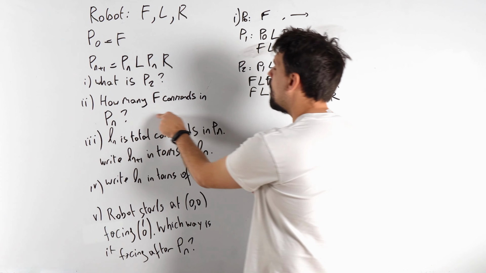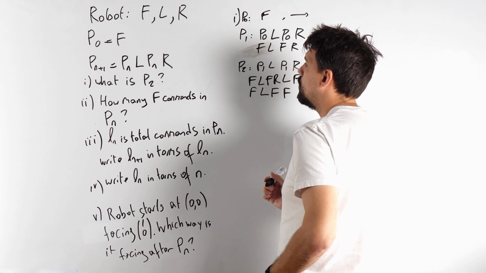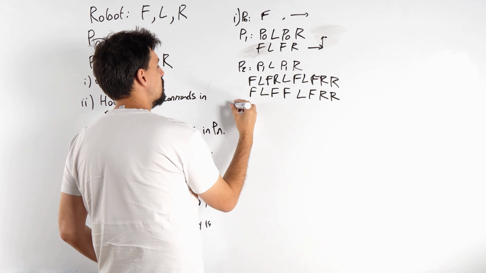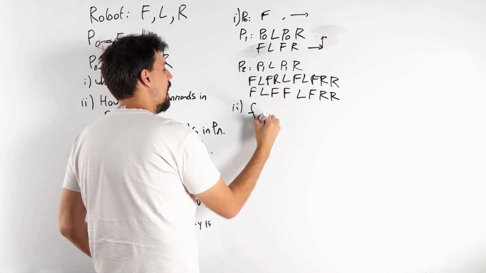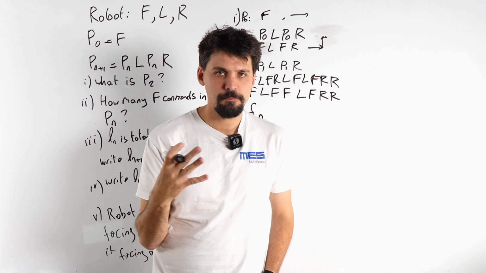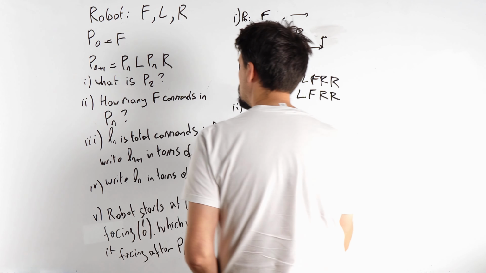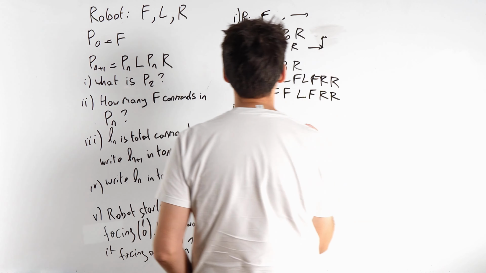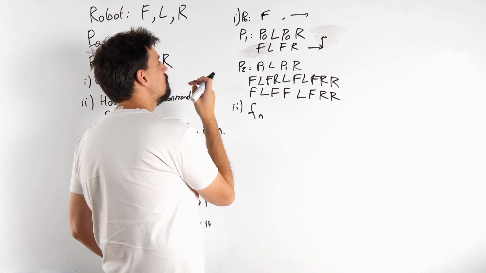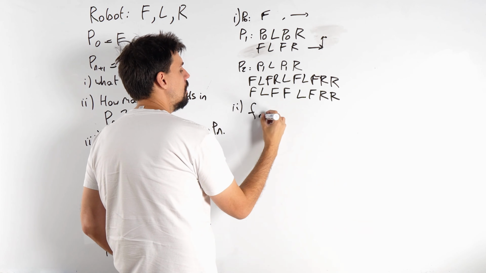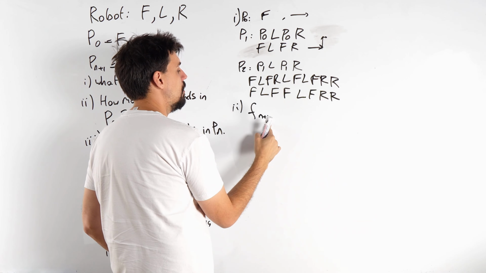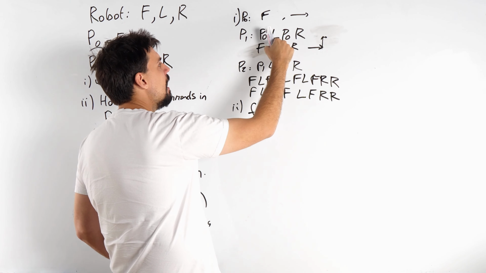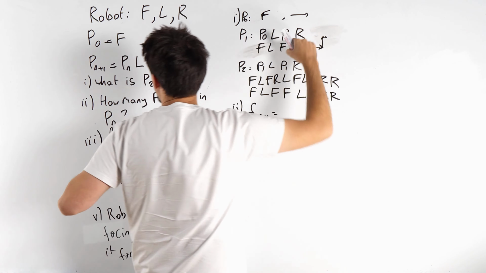Right, how many commands are there in Pn? Well, let's have a little think. How many forward commands? Let's call that Fn, the number of forward commands. Let's see, how many forward commands are there in the next one? Well, the turns don't add any forward commands.